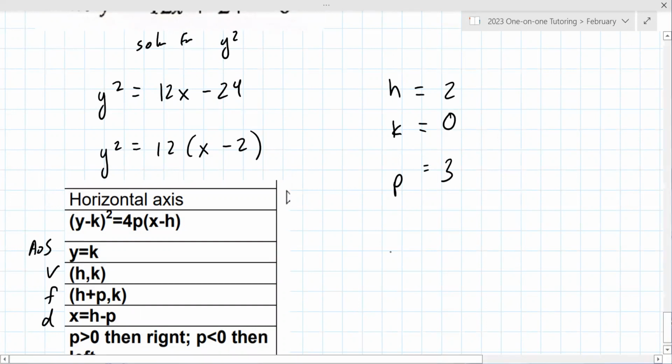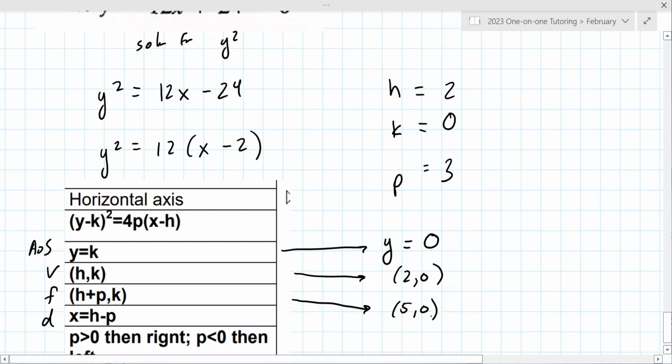Y equals 0. The vertex is 2, 0. The focus is 2 plus 3, 0, which is 5, 0. And the directrix is 2 minus 3, which is -1.